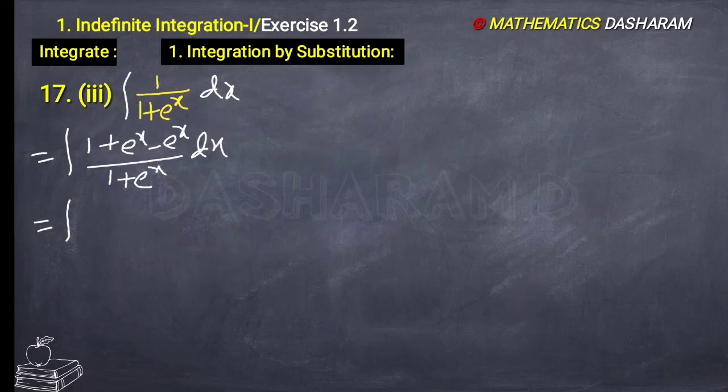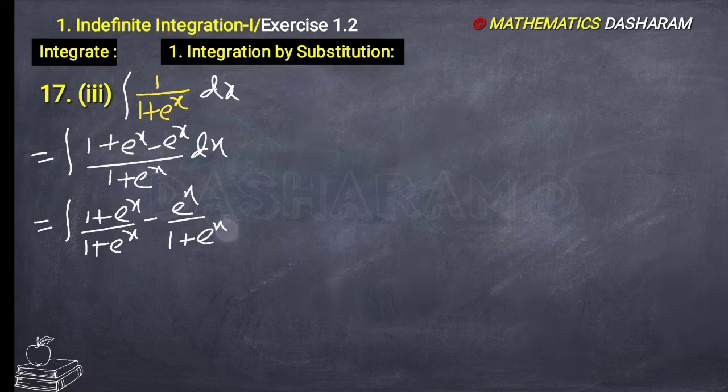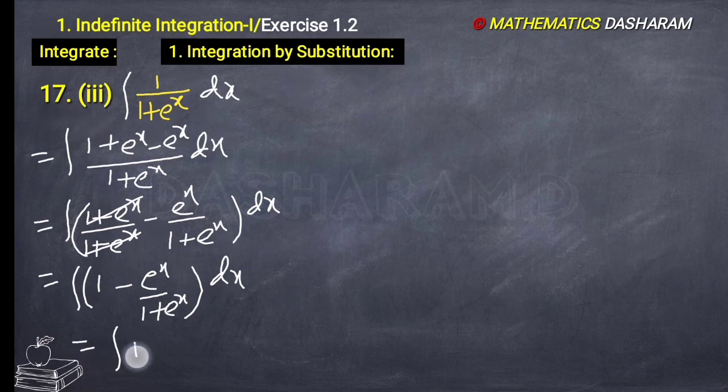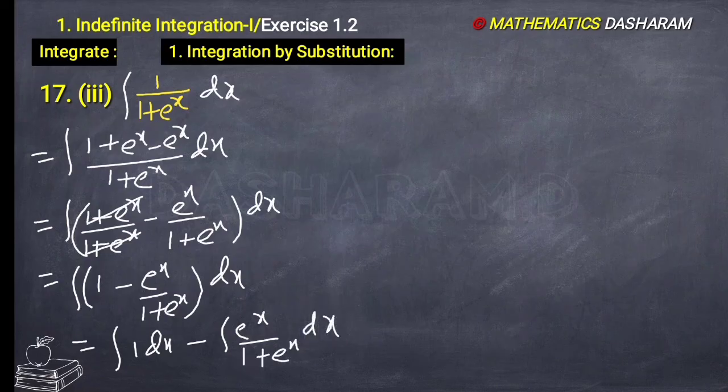Now split into two fractions: (1 plus e power x) by (1 plus e power x) minus e power x by (1 plus e power x) whole dx. So it is equal to integration, here both are cancelled, 1 minus e power x by (1 plus e power x) whole dx. So integration 1 dx minus integration e power x by (1 plus e power x) dx.